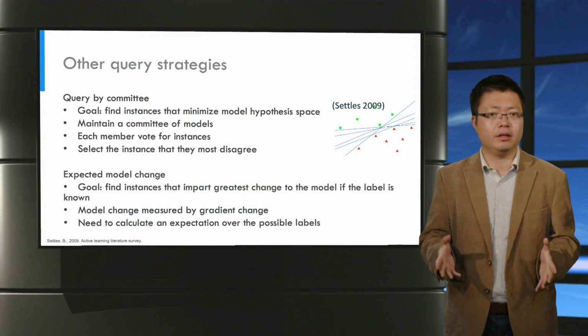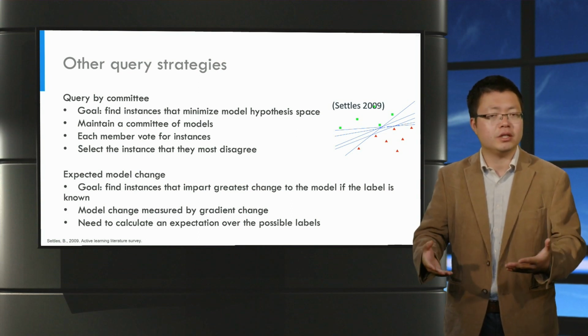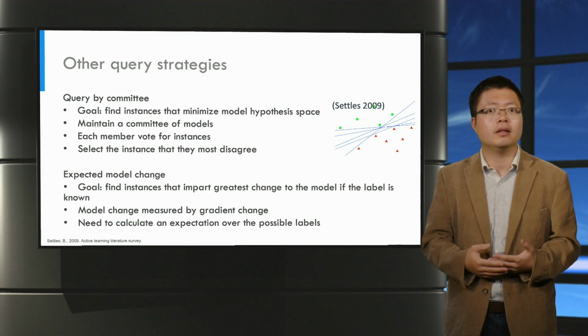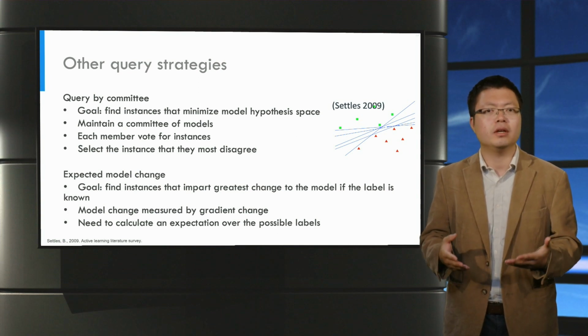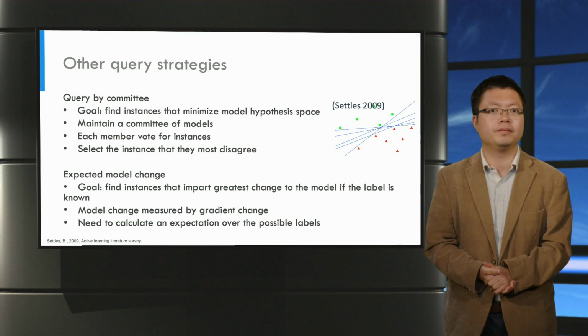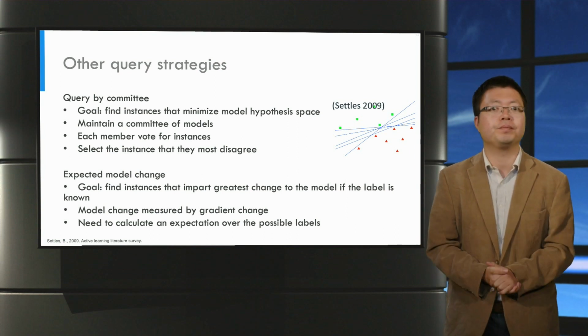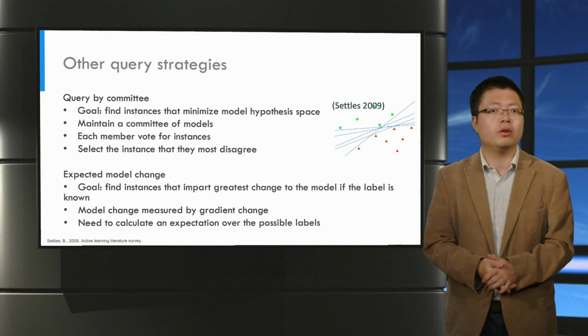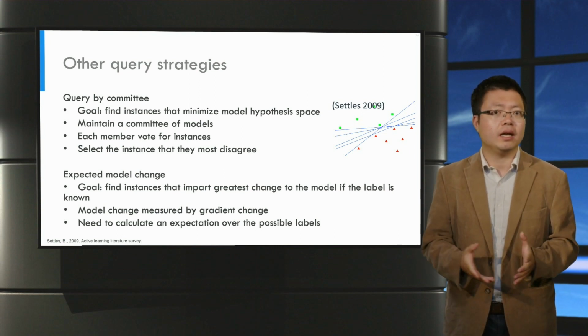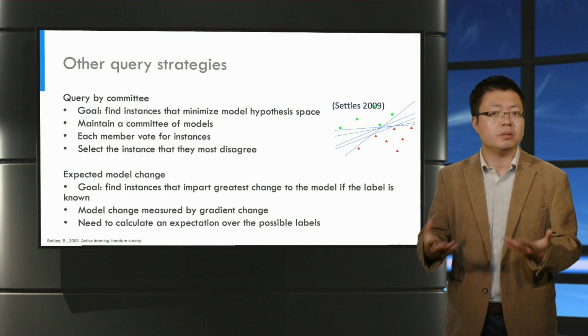The intuition behind this framework is that it prefers instances that are likely to most influence the model. For example, have the greatest impact on its parameters. Of course, since we don't know the true label, we need to calculate the expectation over the possible labels.